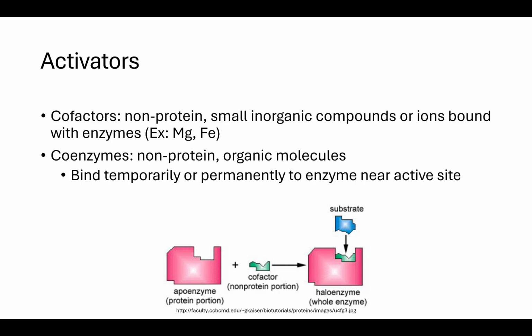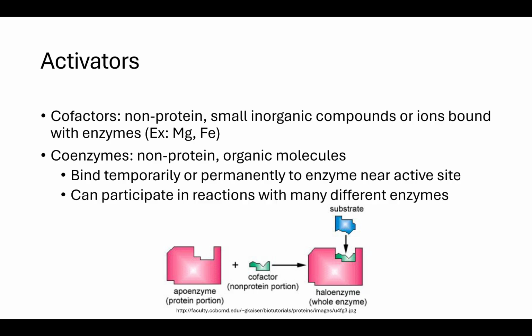And these guys can bind temporarily or permanently to an enzyme near its active site, and they can participate in reactions with more than one enzyme. They're not enzyme specific. So you don't need a specific coenzyme or cofactor for every single enzyme that you have in your body. And a lot of these are vitamins, which helps explain why you have these daily recommended allowances of various vitamins, especially the ones that we can't produce with our body, because they're needed to help our enzymes function properly.